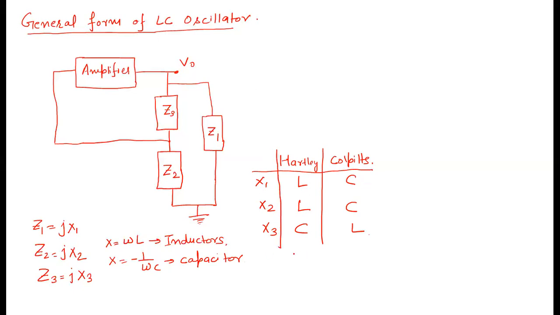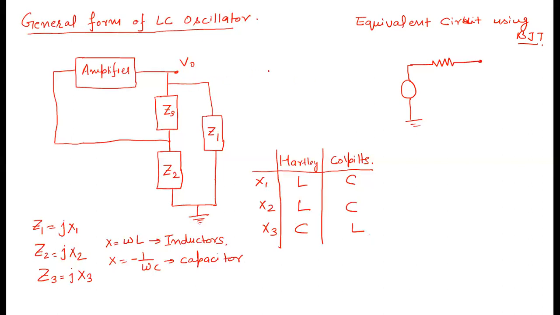Now let us draw the equivalent circuit of this network, using a BJT. As we know, at the output of a BJT based voltage amplifier, we have a voltage generator in series with R naught.